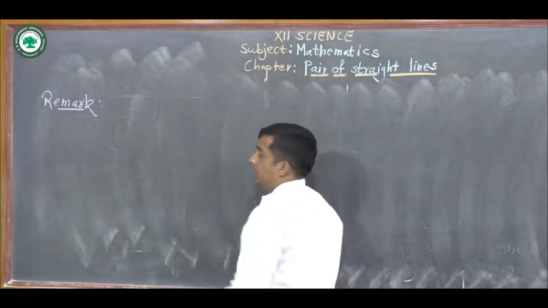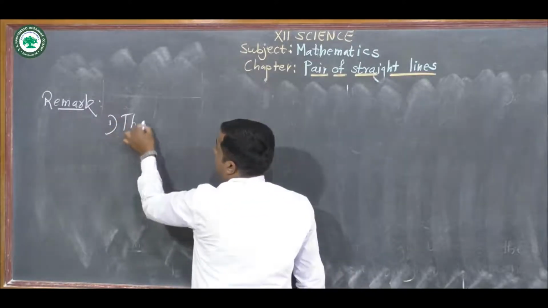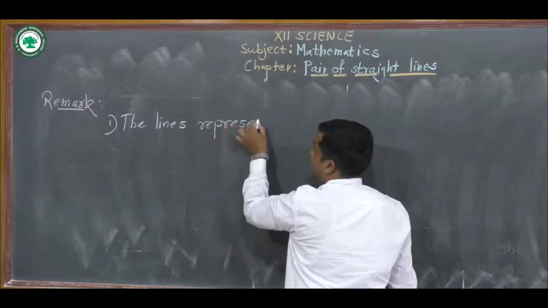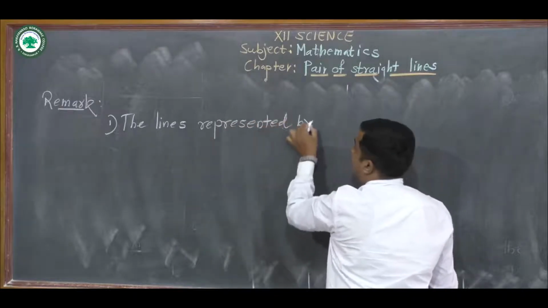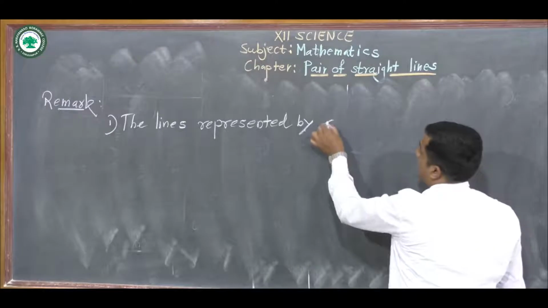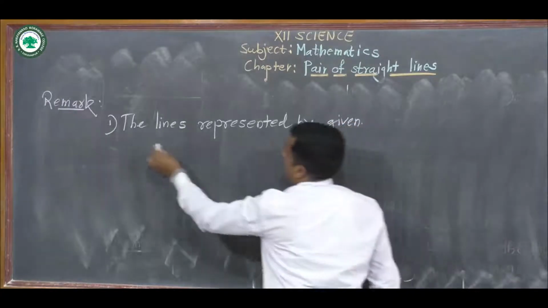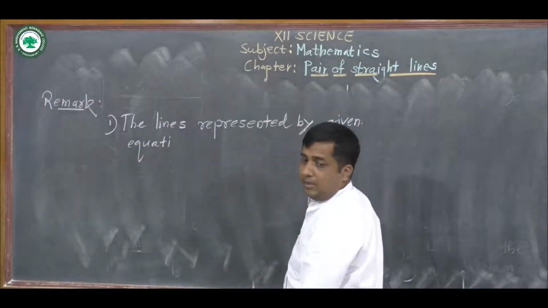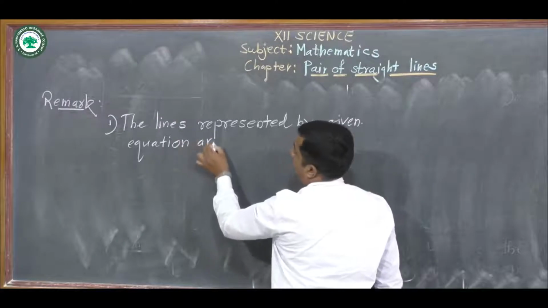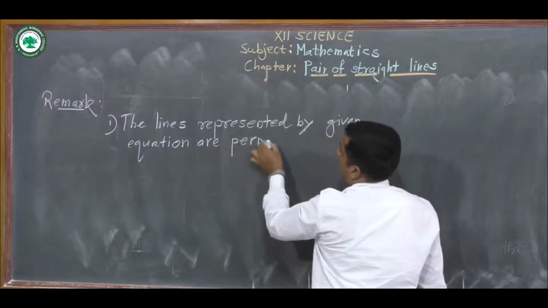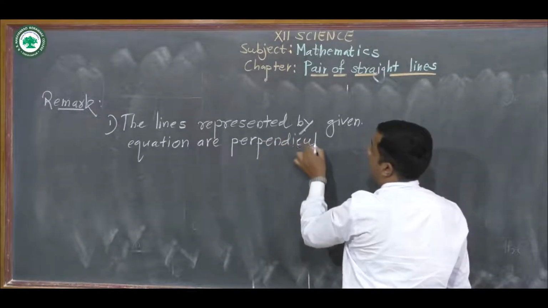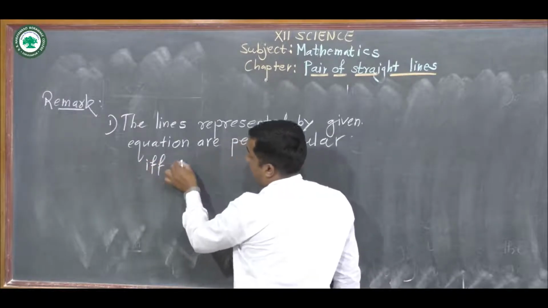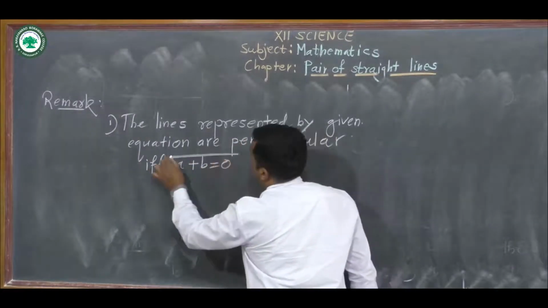In first, the lines represented by the given equation are perpendicular if and only if a plus b is equal to 0.